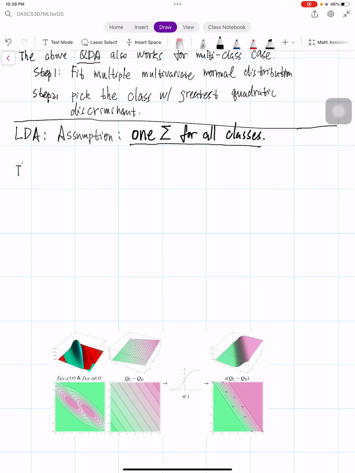After some algebra, we find the decision function under linear discriminant analysis.